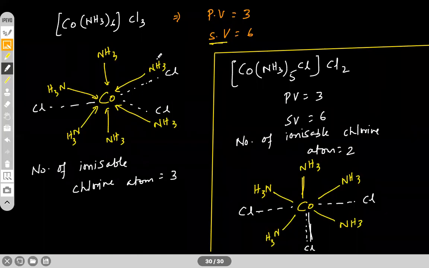But for this it is important, and because of this only it has octahedral geometry. That is why I have tried to place it octahedrally: a square and then one on top and one in the bottom. But the dotted line you can place anywhere, not a problem.